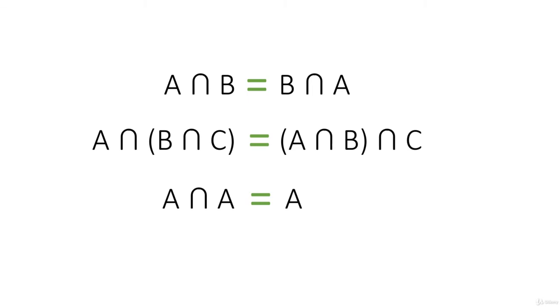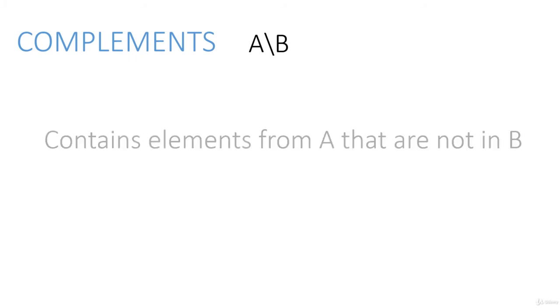The last operation I will talk about in this lecture is complement. This operation kind of represents subtraction with sets. And what do I mean by that? Well, A complement B is basically A without the elements that are in B. This might be confusing, but it is actually pretty simple.